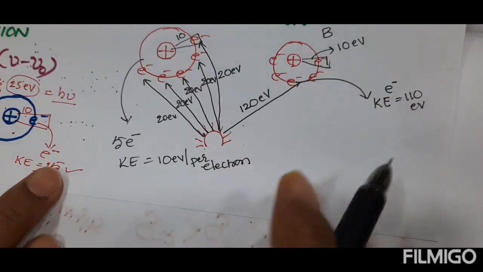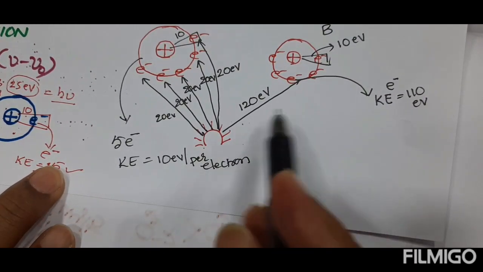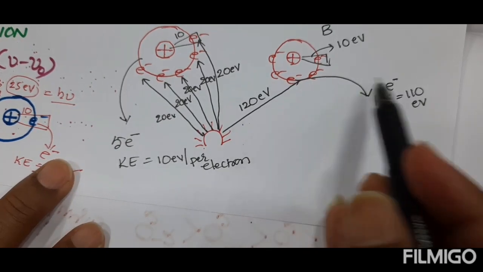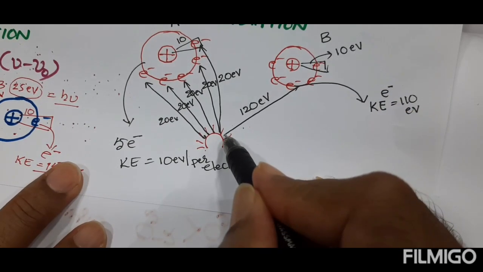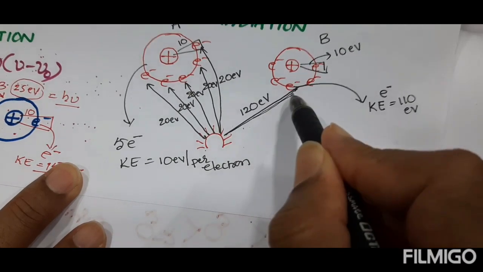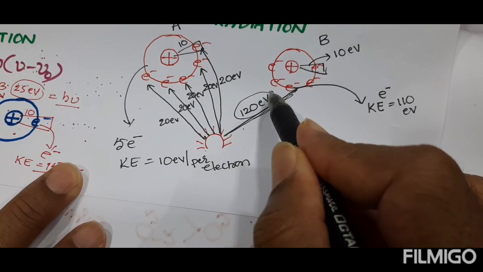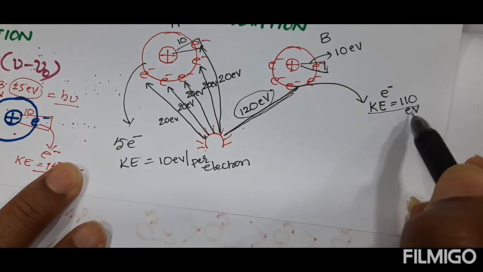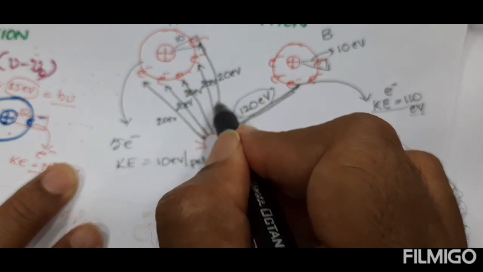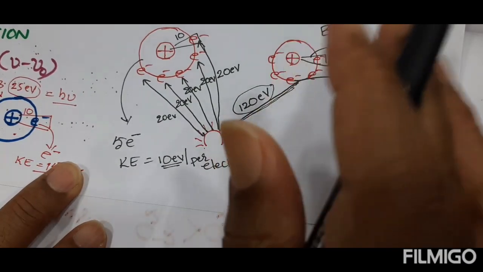Right? Here we are using only one radiation, and its energy is 120 electron volts, so the kinetic energy is 110 electron volts. Here we are using 20 electron volts, and the kinetic energy is 10 electron volts.